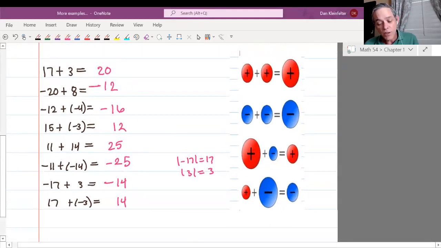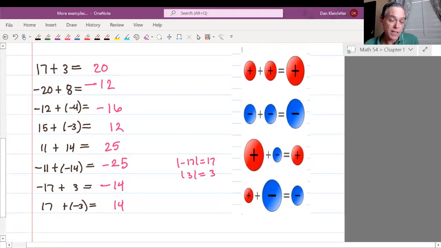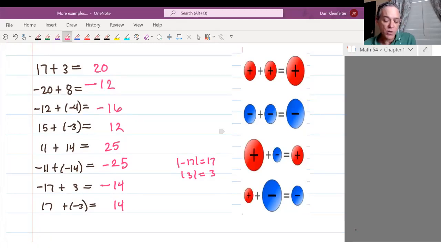The graphic shown here to the right can potentially help you remember how this goes. Taking the first two rows, if we add together two smaller positive numbers, we get a bigger positive number. If we add together two negative numbers, then we get a number that is more negative.